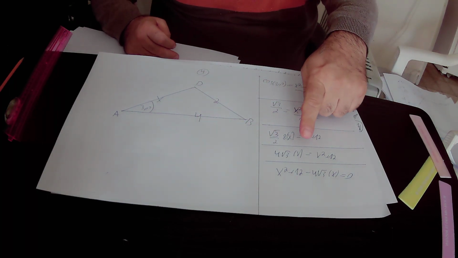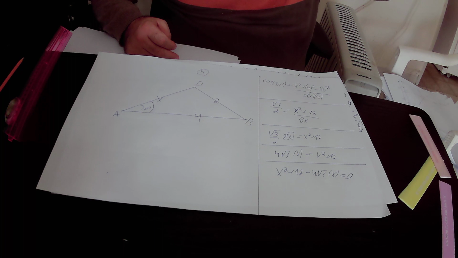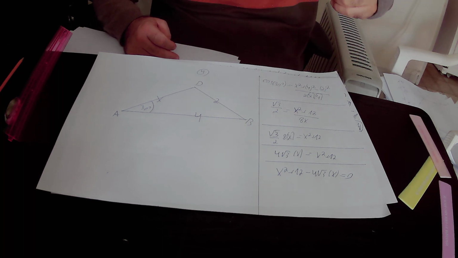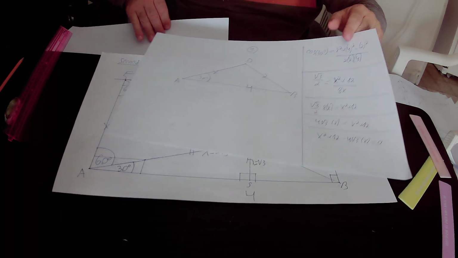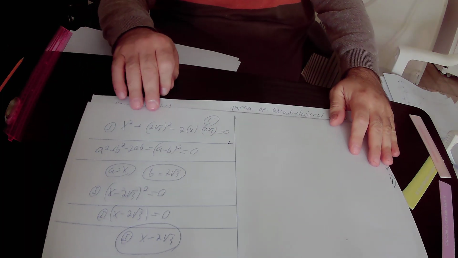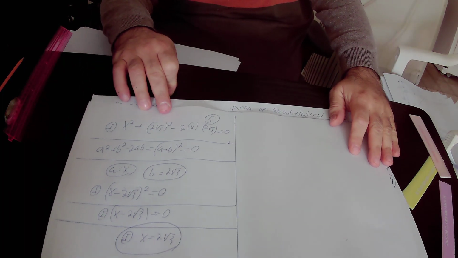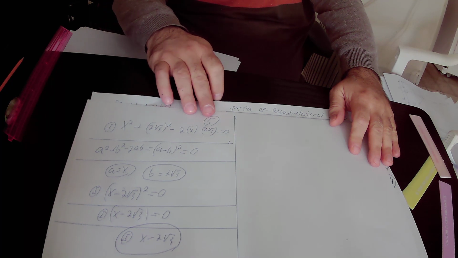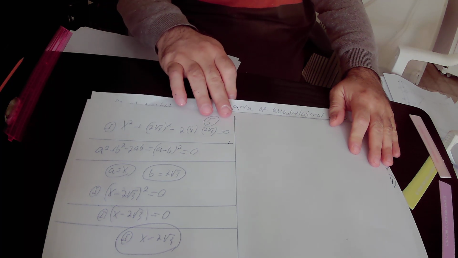Then we substituted 12 by 2 times square root of 3 squared, because 12 equals 2 times square root of 3 squared. So we got x squared plus 2 times square root of 3 squared, that is 12, minus 2 times x times 2 times square root of 3 equals 0.